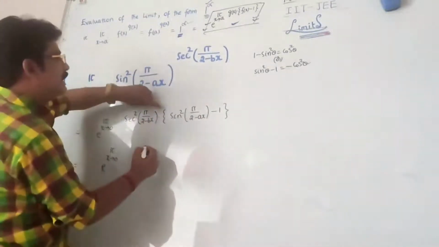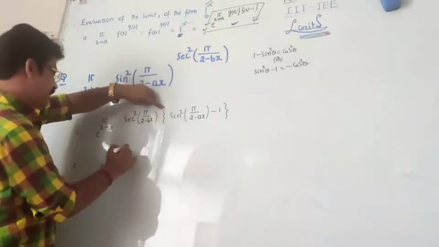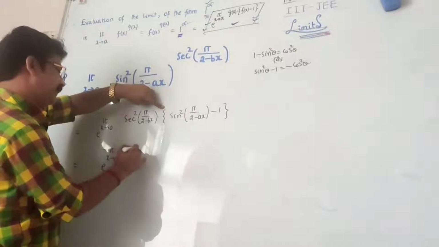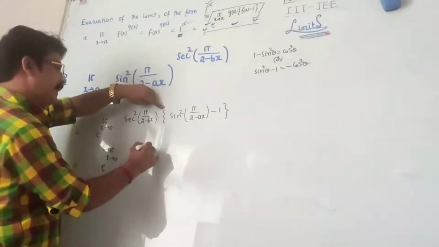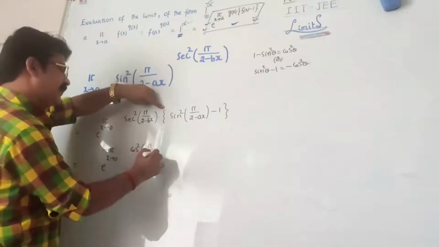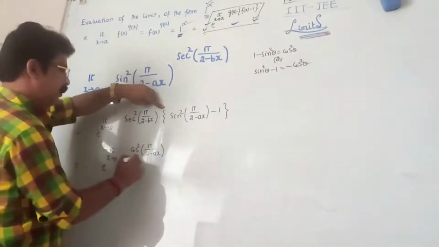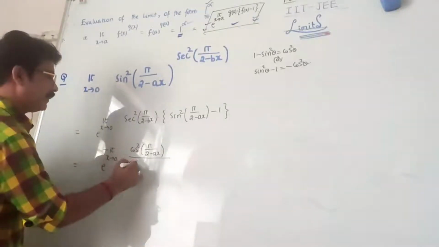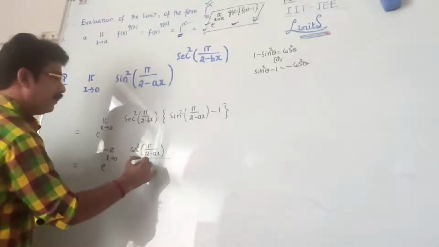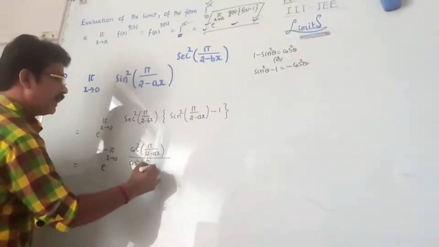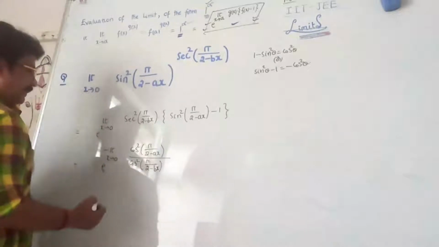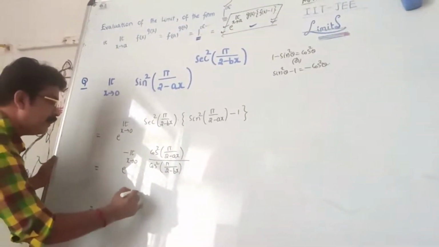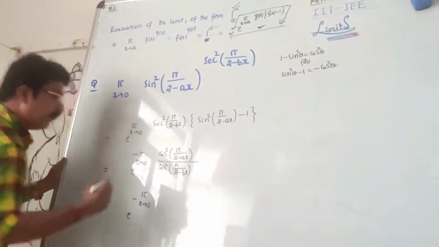Therefore this bracket can be written as minus cos square of (pi divided by 2 minus ax) divided by secant square theta, which is 1 by cos square theta. It is cos square of (pi divided by 2 minus bx). So that is equal to e power minus limit x tends to 0.